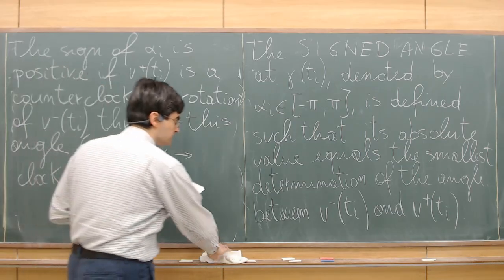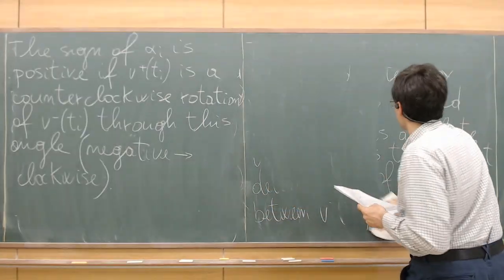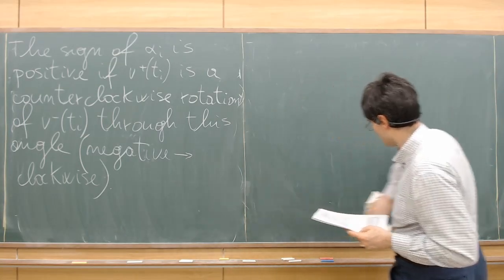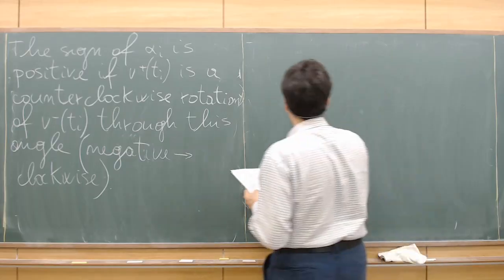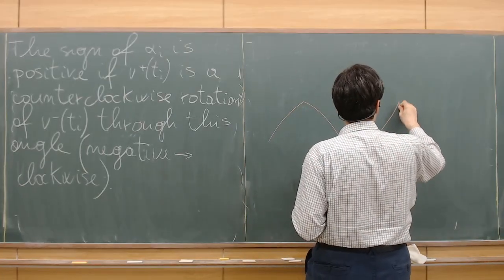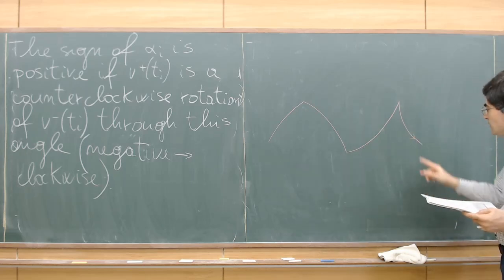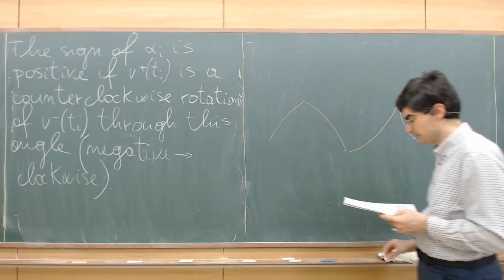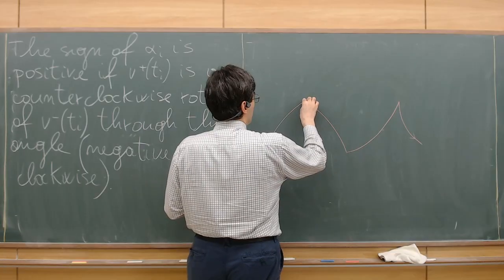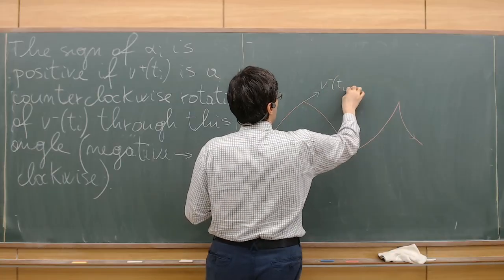So, for example, if this is the trace of gamma, and we suppose we travel on it according to this direction, then this is the vector V minus Ti.